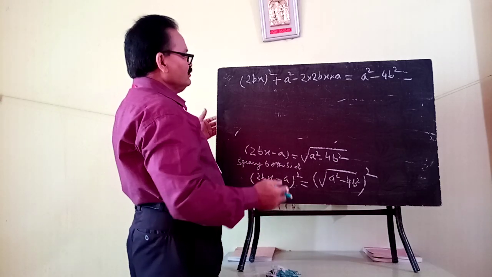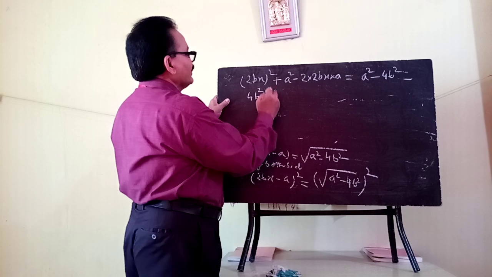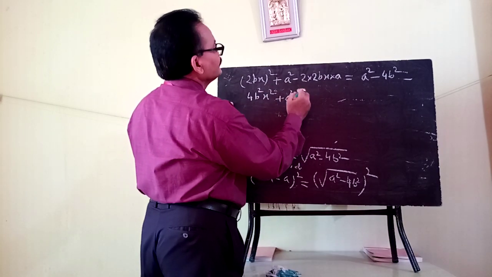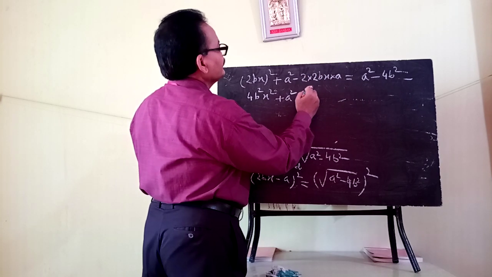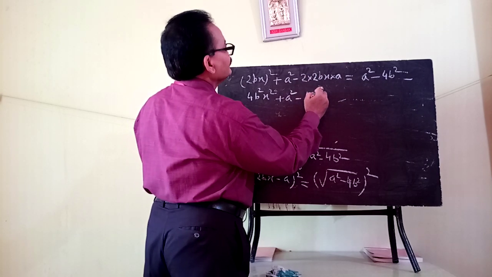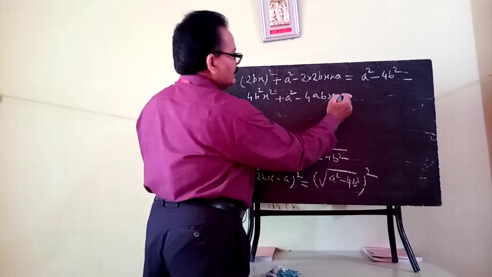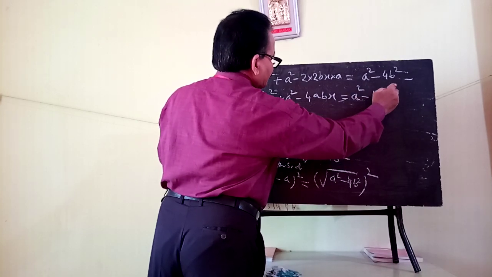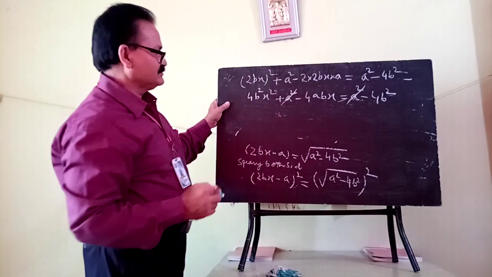Okay. Now, after simplification, this is your 4b square x square plus a square. Here you see 2 into 2, 4, minus 4abx equals a square minus 4b square. Here again a square and a square cancel.